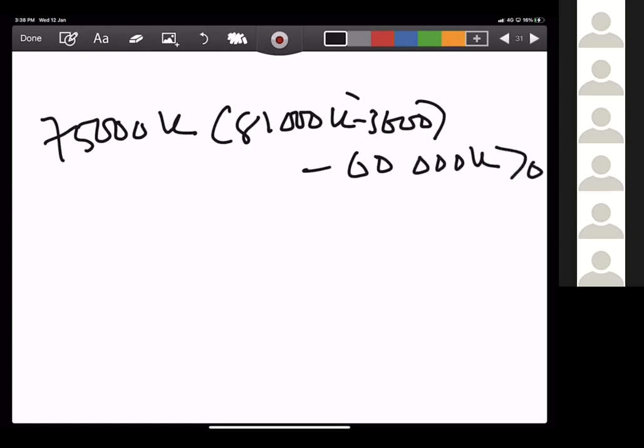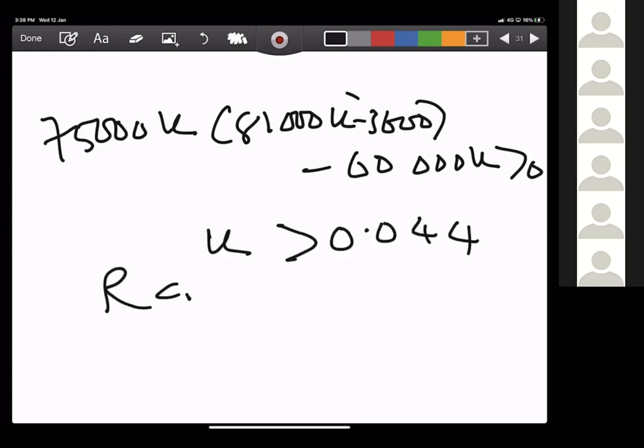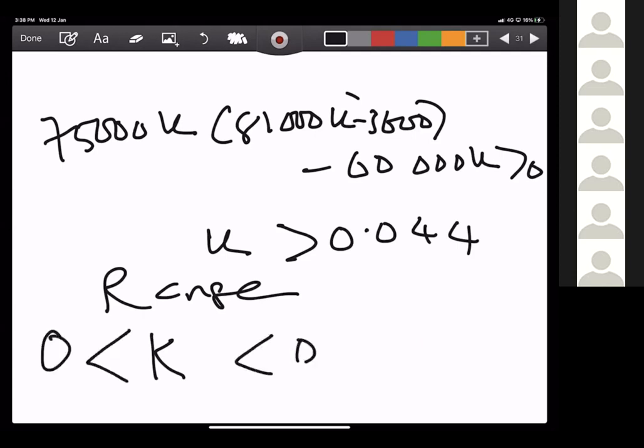Okay. So nanti simplify. You akan dapat K 0.044. Di range dia. Bukan K more than 0.044 ke?